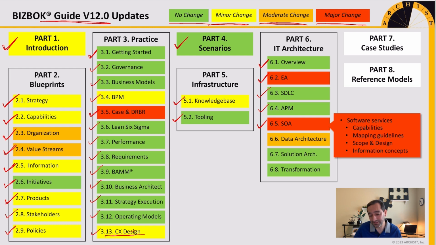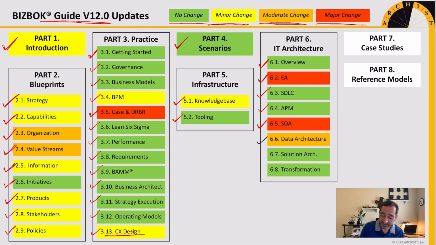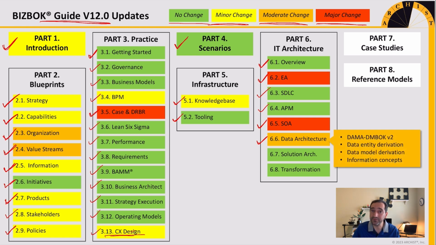Looking at section 6.6, that's the alignment between business information and data architecture. So one change here is the alignment with the version 2 of the DMBOK. That's the data management body of knowledge, looking at all different components of data management in DMBOK version 2, and then aligning it back to business information.